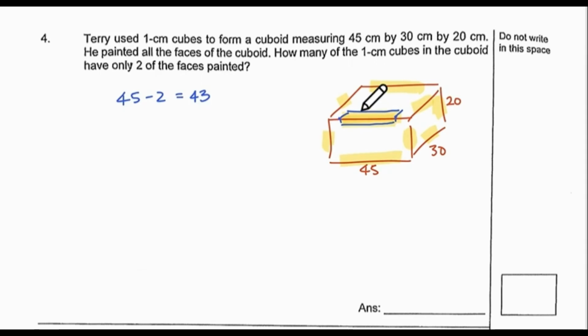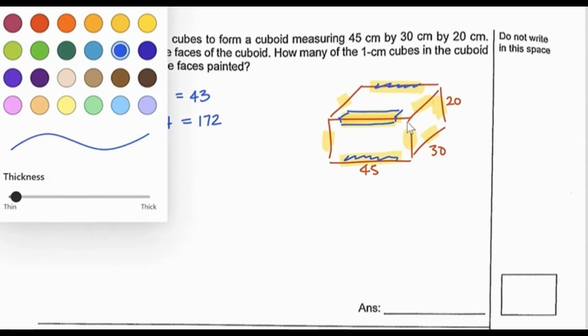Now, 43, there are 4 of them. 1, 2, 3, and then behind there's one more. So 43 times 4, 172. Okay, so this part here, those in blue.